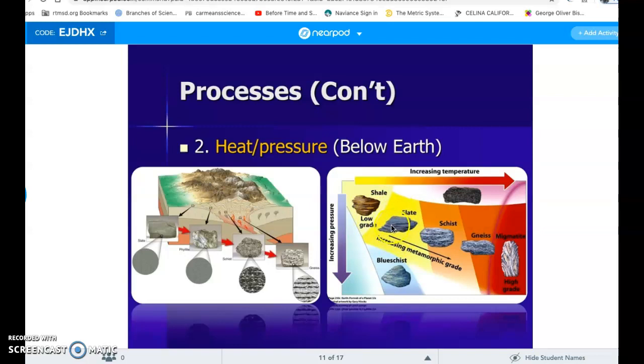So that first type is slate. Then if you have even more heat and even more pressure applied to that slate, you get schist. And then you have even more heat and even more pressure, and that schist becomes gneiss. Okay, so to sum it all up, heat and pressure is the process that forms metamorphic rocks.